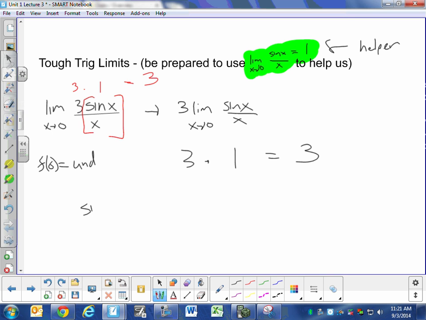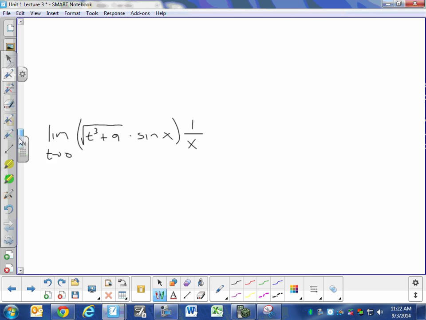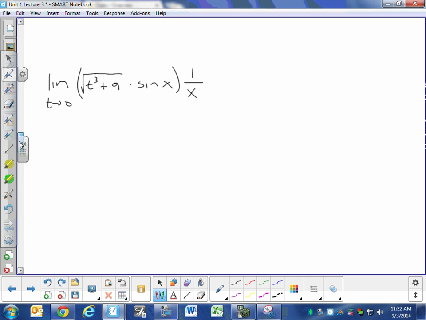Sine of 3x over x will be different. The answer will be the same, however, but it's a different process. Okay, next problem. Limit as t approaches 0, this should all be t's, of t cubed plus 9 sine t times 1 over t.